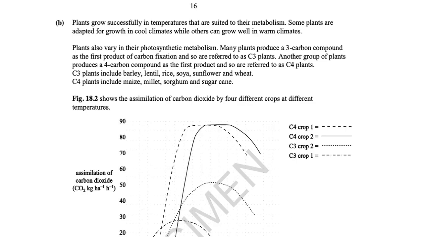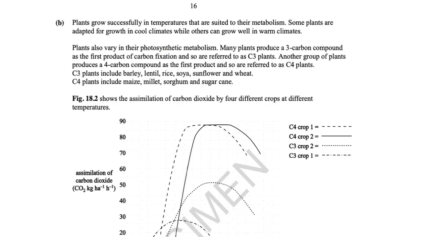This leads on to a question about the effect of temperature on photosynthesis. So it says that plants grow successfully in temperatures that are suited to their metabolism. Now this is a big clue for later in the question. Some plants are adapted for growth in cool climates, whereas others grow well in warm climates. Plants vary in their photosynthetic metabolism.